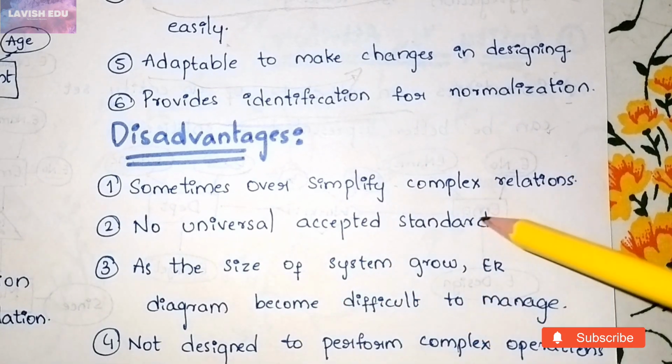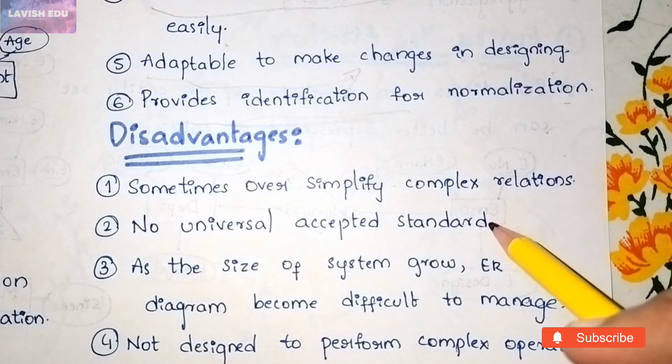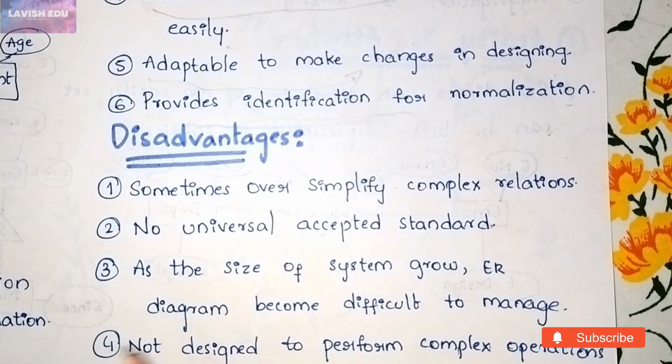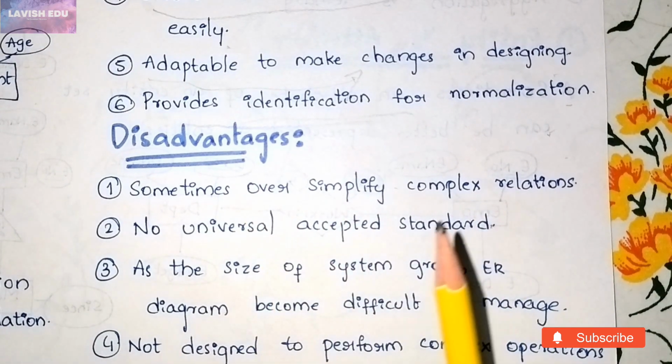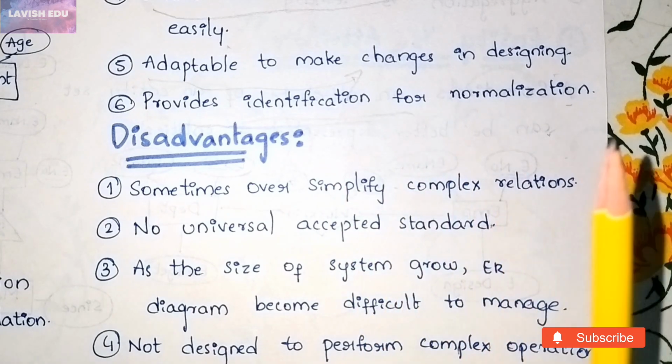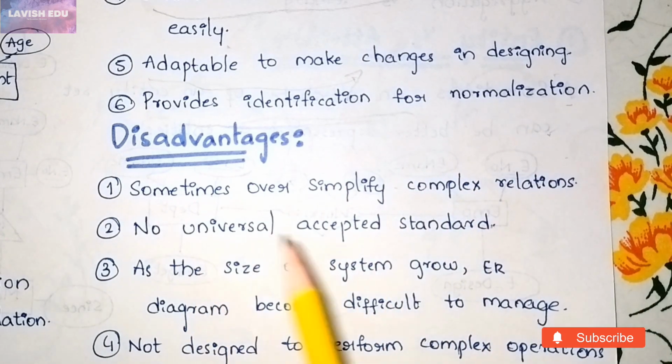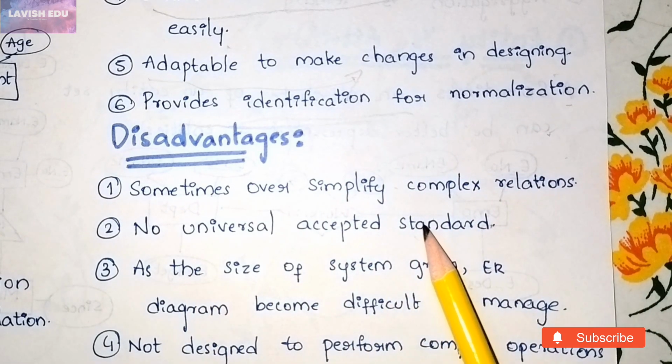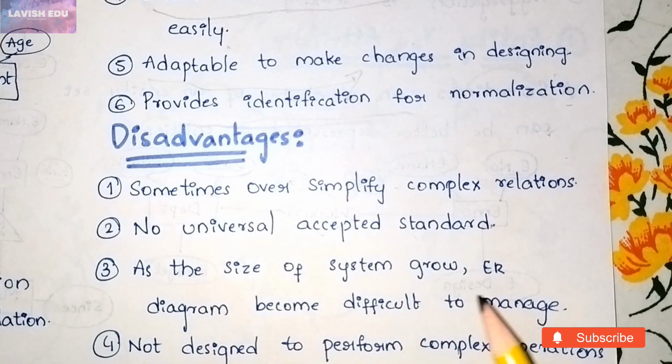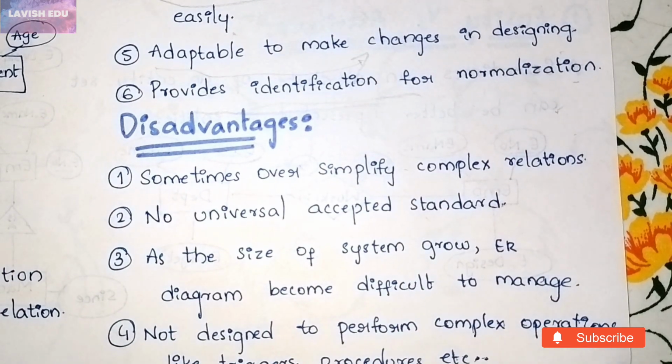And there is no universally accepted standard, that is, it won't have any representations by itself. It takes the representations of the entities, that is, rectangles and squares only, but it won't maintain a standard of its own. As the size of the system grows, the ER diagram becomes difficult to manage.